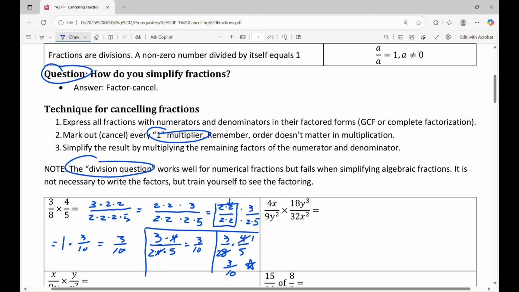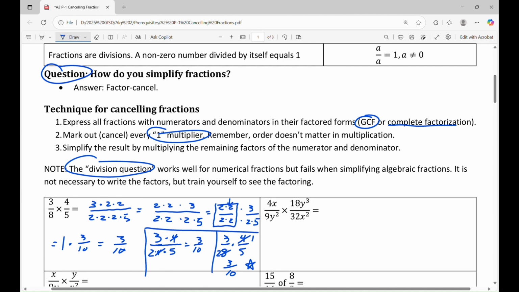So what I see is also that the 9 and the 18 are related to each other. 9 times 2 is 18. So this time what I'm going to do is factoring, but I'm going to use the greatest common factor as opposed to a complete factorization. So in that first example, I broke the 8 all the way down to its primes.